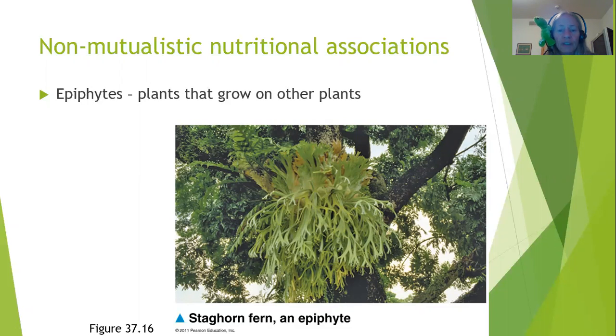So this is beneficial to the epiphyte and not terribly harmful for the tree that it's living on. And by the way, these ferns could live on rocks as well. And so we call this kind of a relationship a commensalism. It's beneficial for one and neither helpful nor harmful for the other.